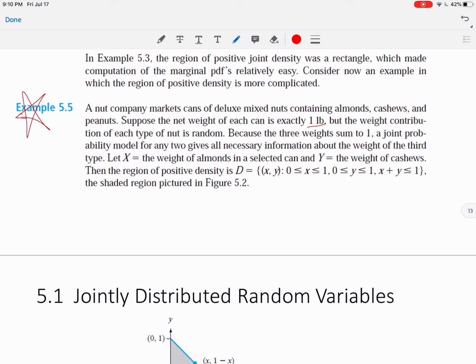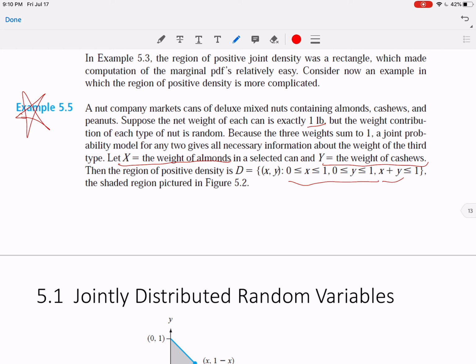Let x equal the weight of almonds in a selected can and y equal the weight of cashews. Of course, the sum of the three types is equal to 1, which means both x and y have to be between 0 and 1, and x plus y has to be less than or equal to 1 as well. It cannot be greater than 1 because the sum of the three types is equal to 1.